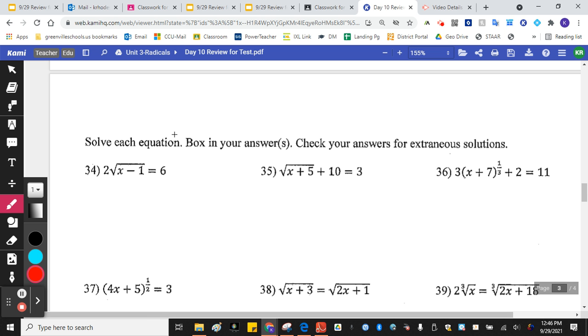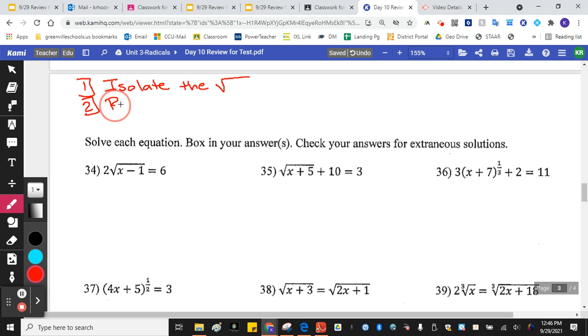All right, so solving equations. When you have a square root, cube root, any of those, when you solve those equations, the first thing you want to do is isolate your radical. That's supposed to be an L. Isolate the radical, if it's square root or cube root, either one.